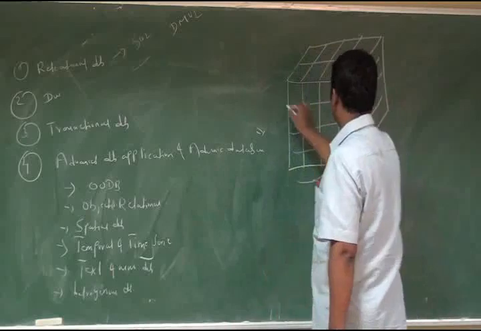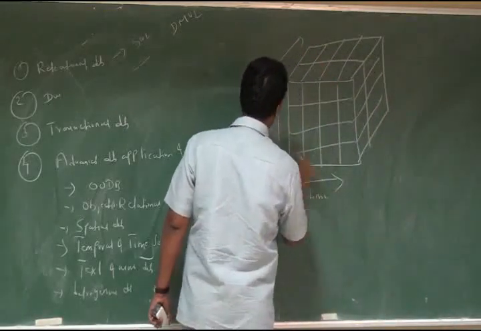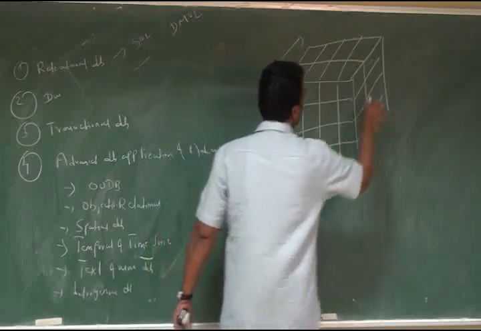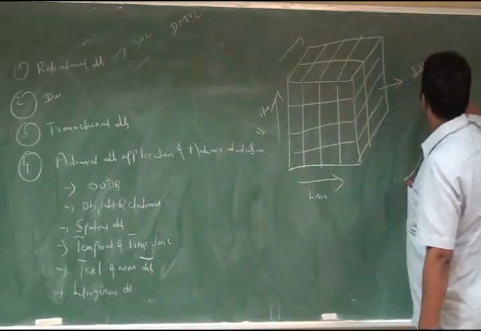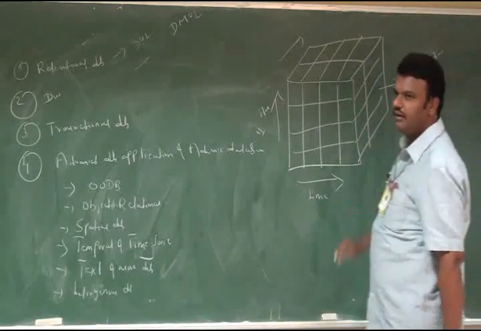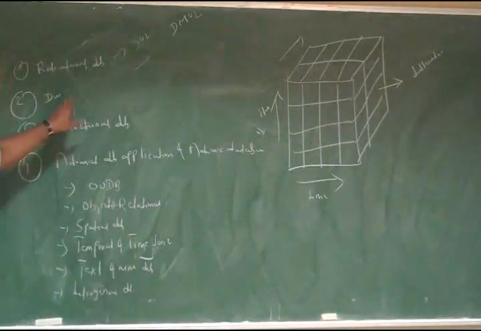These are the different dimensions, for example, time and item. Each and every cell stores different values. That is called the data warehouse.